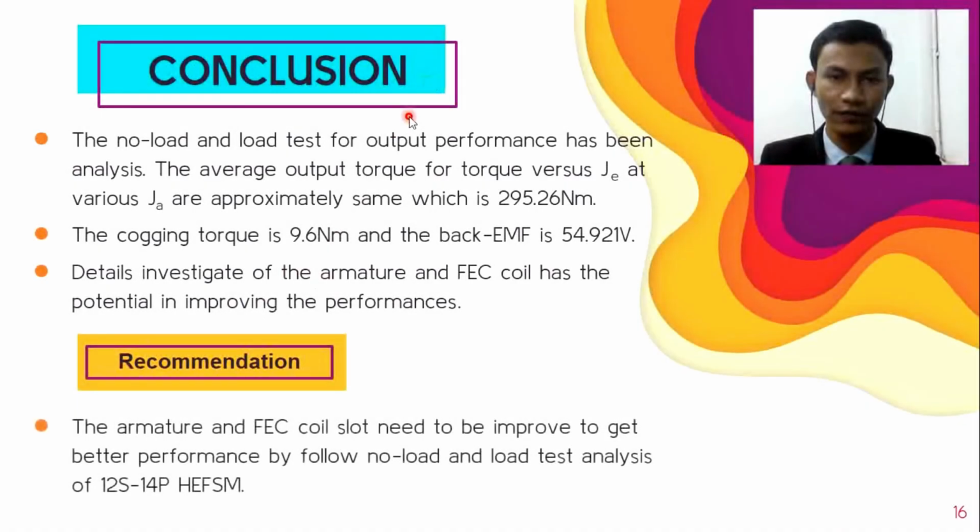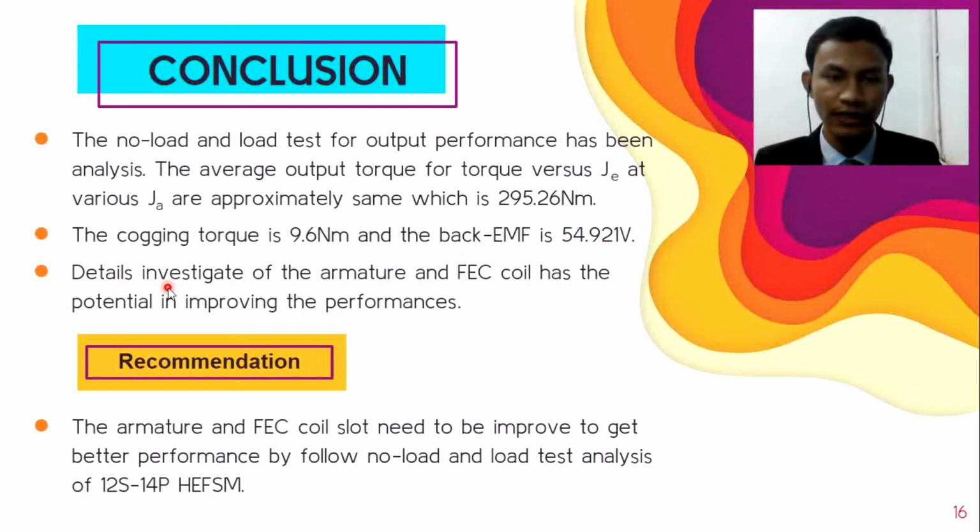So in conclusion for this project, the no load and load test for the output performance has been analyzed. The average output torque versus JE at various JA is approximately 295.26 Newton meter. The cogging torque for this project is 9.6 Newton meter, and the back EMF is 54.921 volt.